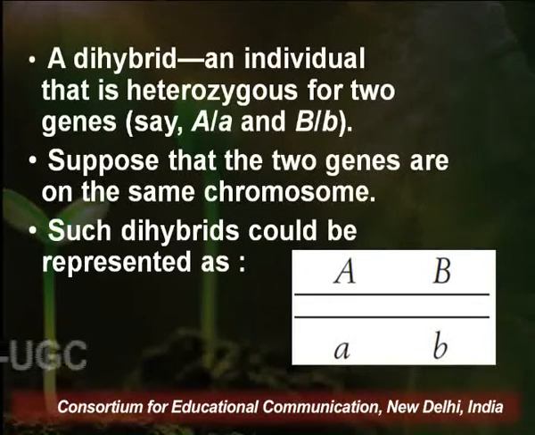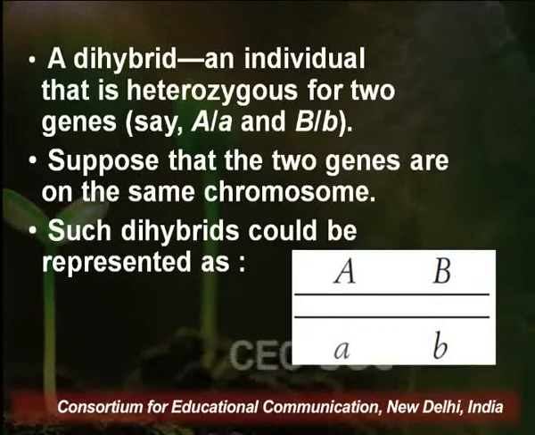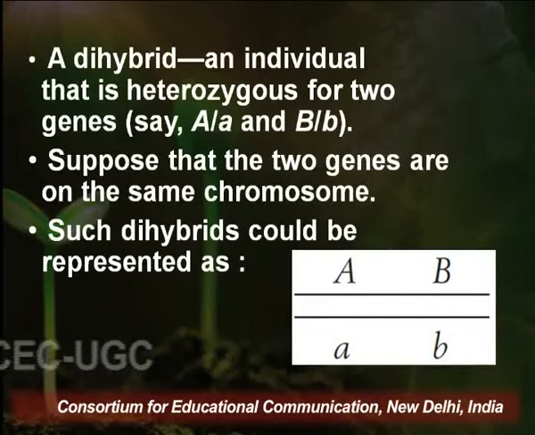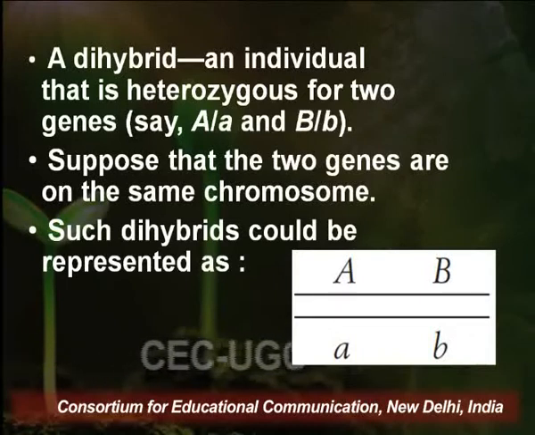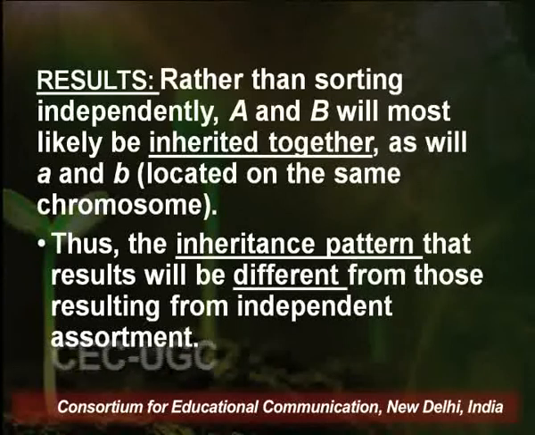Now let us suppose these genes are located on the same chromosome. How do we represent this chromosomal complement? As you can see on your screens, capital A and capital B on one chromosome and small a and small b on another.